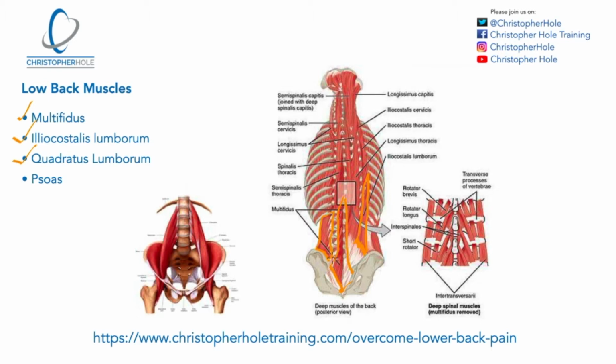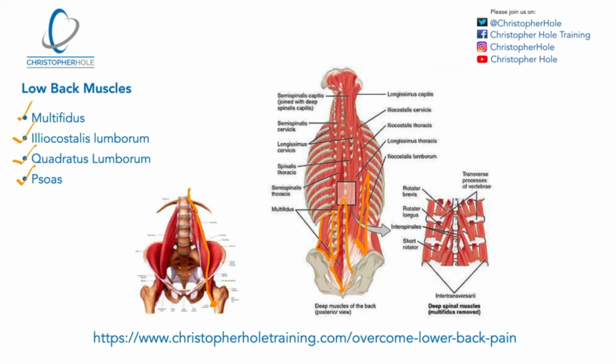And then finally, which is a bit more of a hip and lower back muscle, and the reason I've put it as a lower back muscle is this one goes towards the front of the hip and joins the top of the femur here, all the way through the hip and then all the way up to L1 and T12.